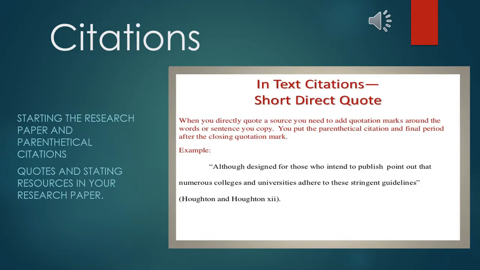Now, the reason that we want to add these strong facts or information from other sources is it makes your research paper stronger to show that you can connect your idea with someone else's research.